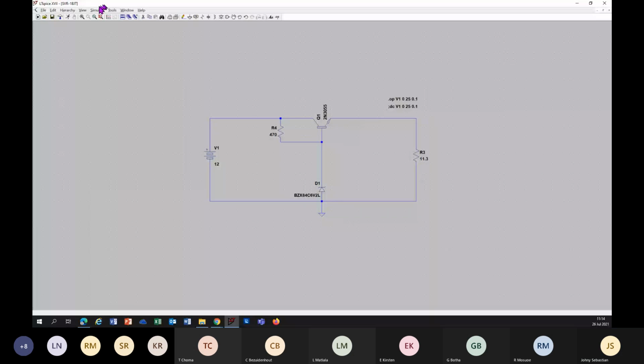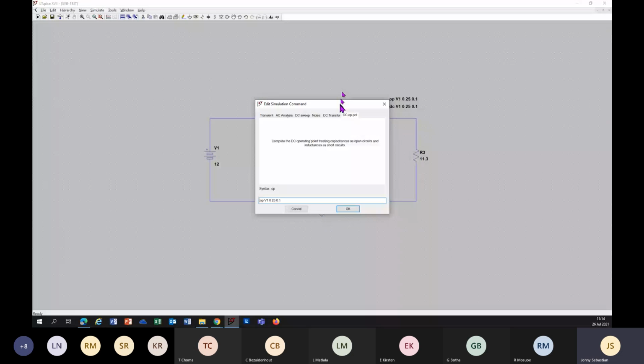Going to simulate, edit simulation command. We will do DC sweep. And the name of the first source to sweep, that is V1. I selected type of sweep, linear, start value 0, stop value 25, and increment 0.1. So 25 divided by 0.1, we have 250 steps.